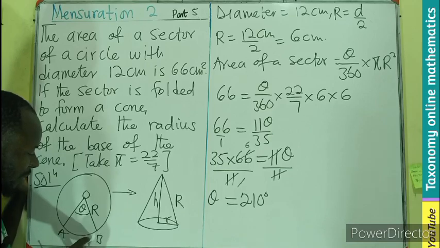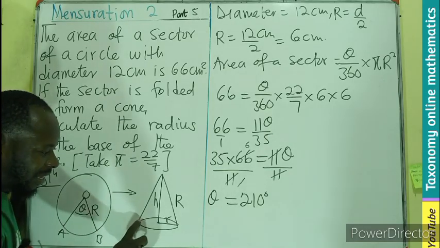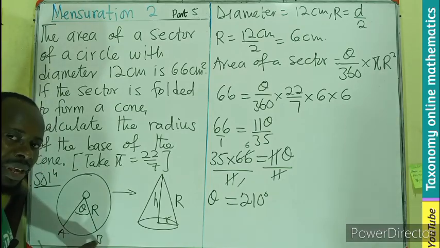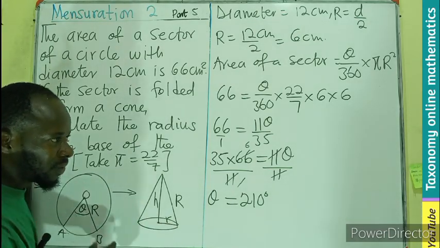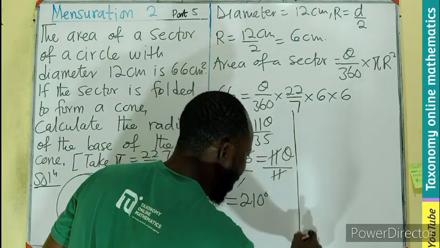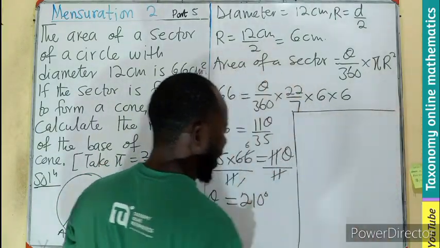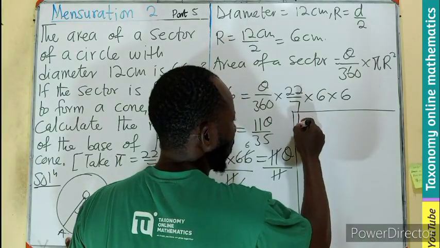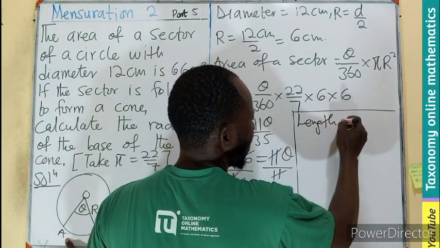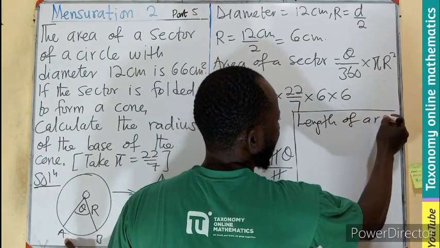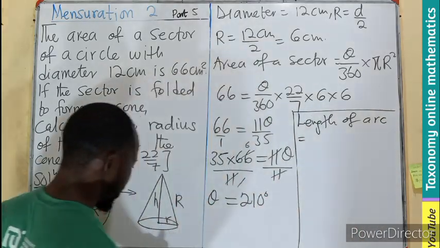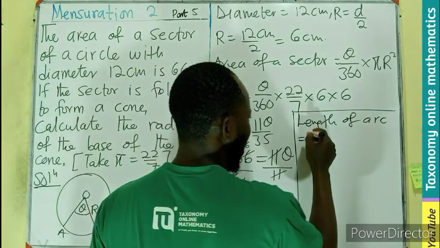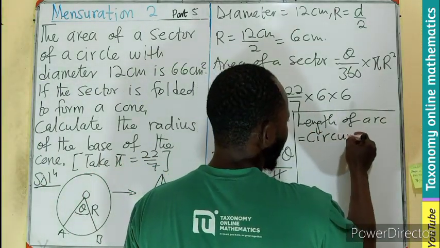If in case we want to find the radius without the use of the height, we know that the length of this arc is the same as the circumference of the base. The length of the arc AB will be equal to the circumference. So we can develop that: length of arc equals the circumference of the base.